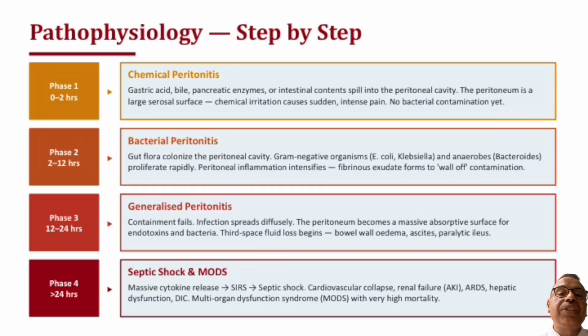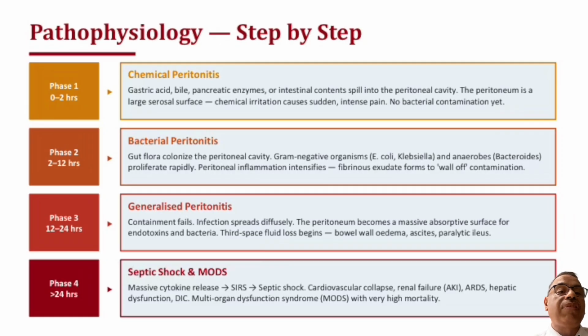Then the patient enters phase 2, which typically occurs from 2 hours to 12 hours post perforation. Here the gut flora starts to colonize the peritoneal cavity, especially gram-negative organisms like E. coli, Klebsiella, and certain anaerobes like Bacteroides. They proliferate rapidly.